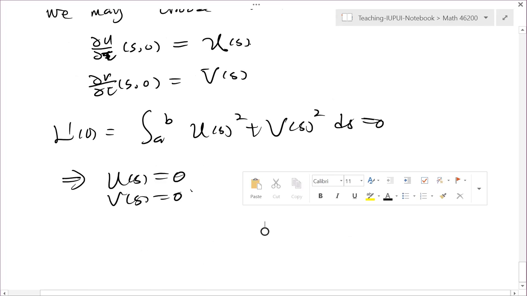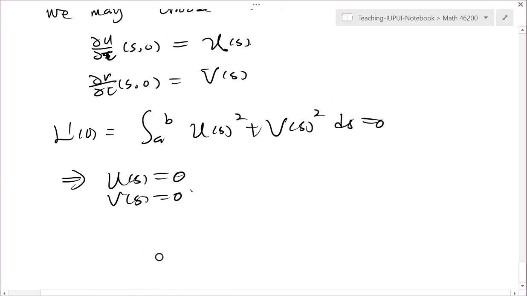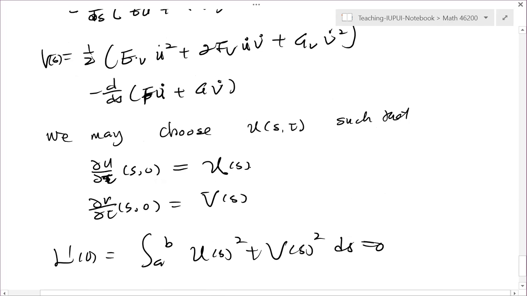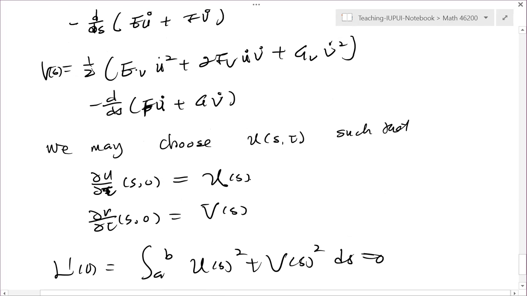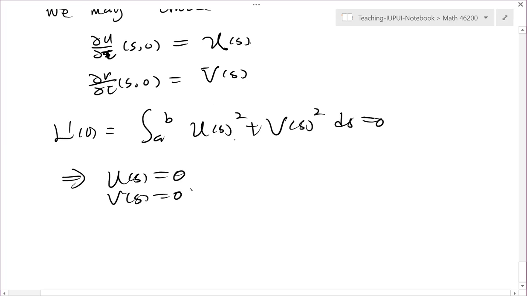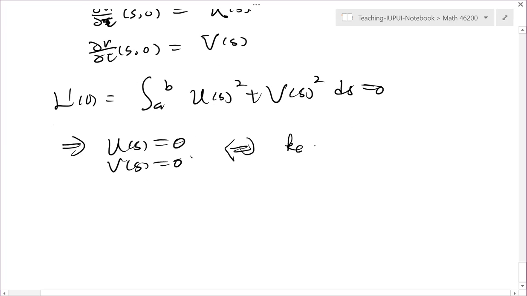So every locally minimizing curve must satisfy these two equations. But these two equations are nothing but those two equations. We already proved that these two equations are equivalent to the geodesic curvature being 0.